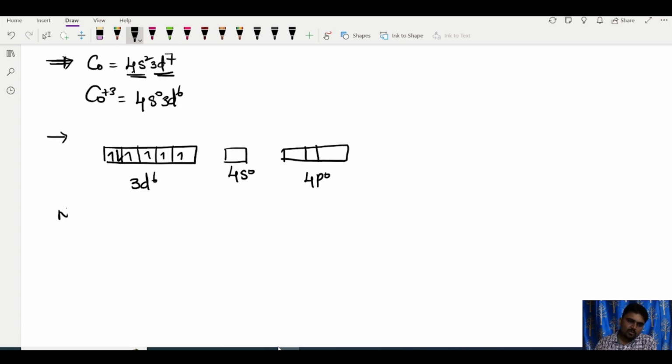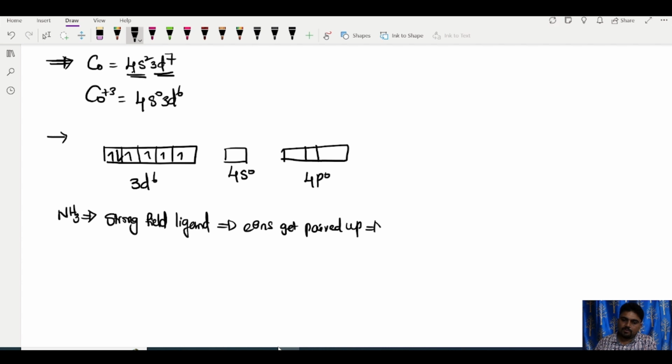Now ammonia in this case acts as a strong field ligand. Strong field ligand means electrons get paired up. Then it results in a low spin complex; the spin is going to reduce.